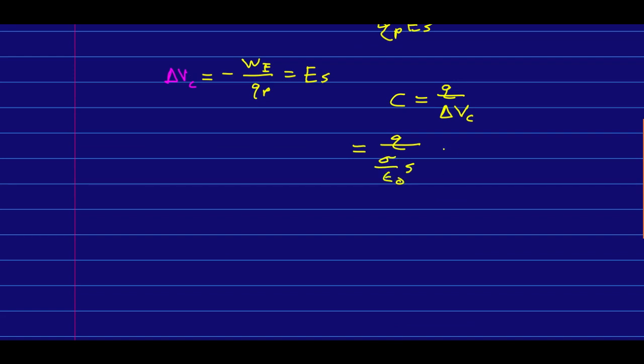And sigma is Q over A. And so the charges on the plates cancel, and all we're left with is that the capacitance is going to be epsilon naught A over S.